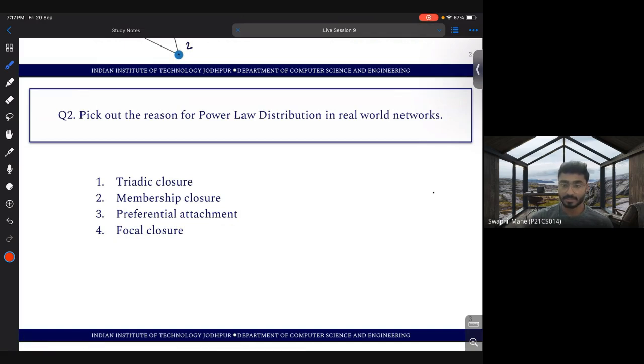We discussed which principle the real-world network phenomena obey, and that it follows the power law distribution, right? So considering that, which option is correct here? It's very straightforward. Anyone?